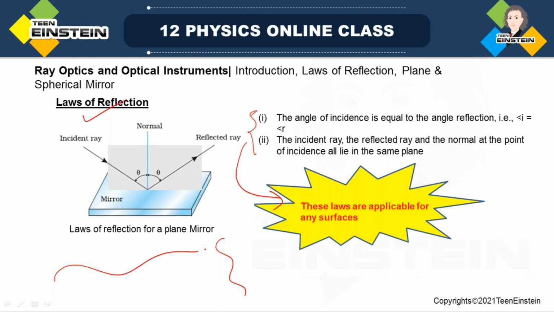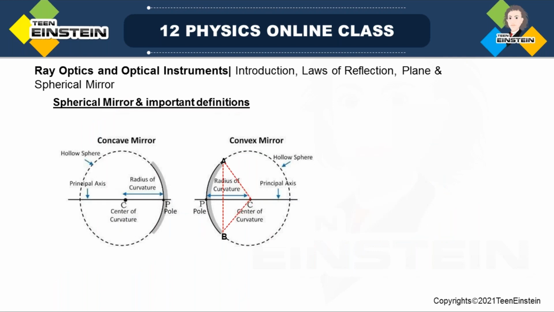You take any curved surface like this, it will be applicable. But now in this chapter we are going to discuss spherical mirrors. So these laws of reflection will all be applicable in case of spherical surfaces as well. You can take any arbitrary surface, so these laws of reflection are fundamental, applicable for any arbitrary reflecting surface.